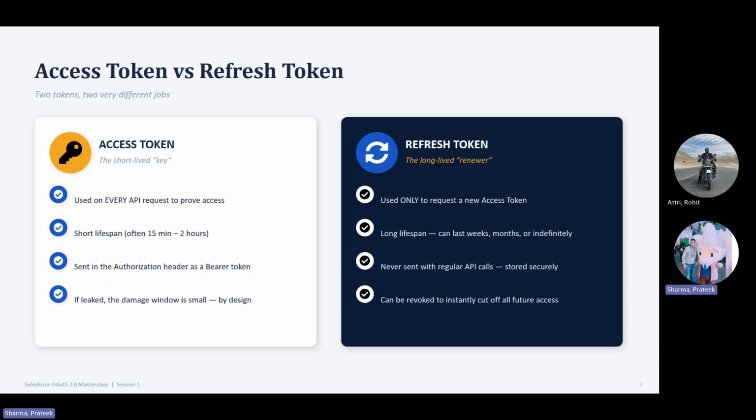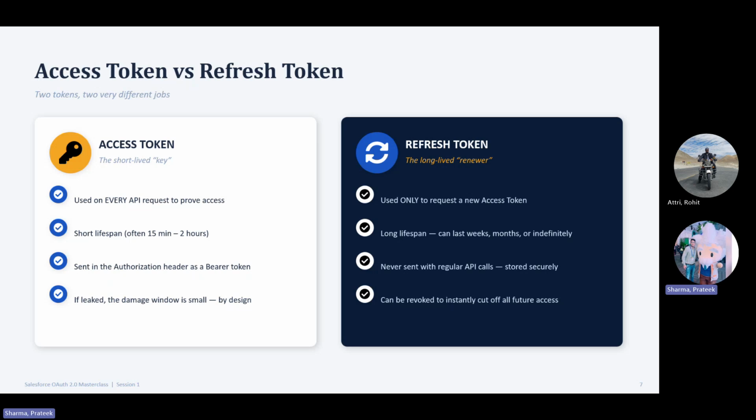But it is not always good to log in again and again to get the access token. So we use a refresh token to get the access token every time you are trying to log in to that org. A refresh token has a long lifespan. It can last a week, a month, or even indefinitely, right? It is only used to request a new access token, never sent with the regular API.